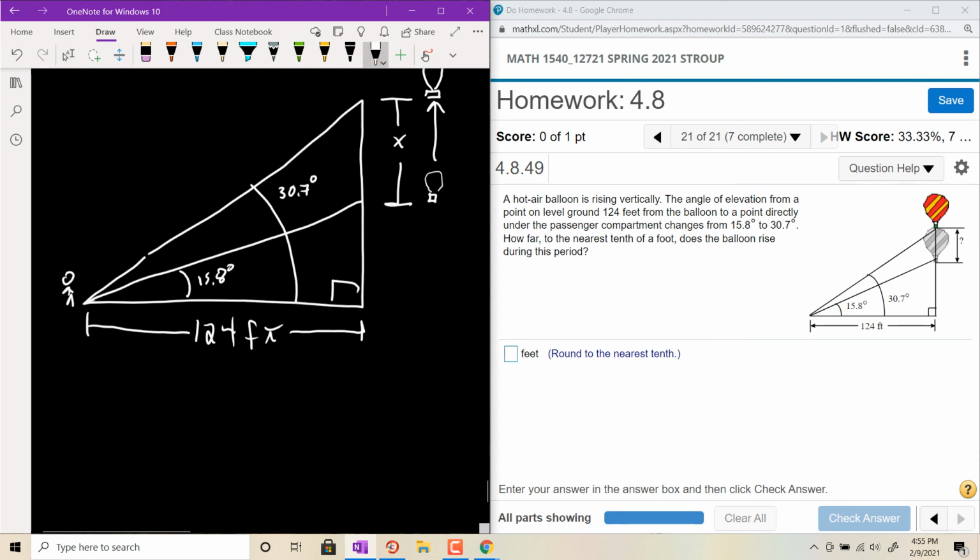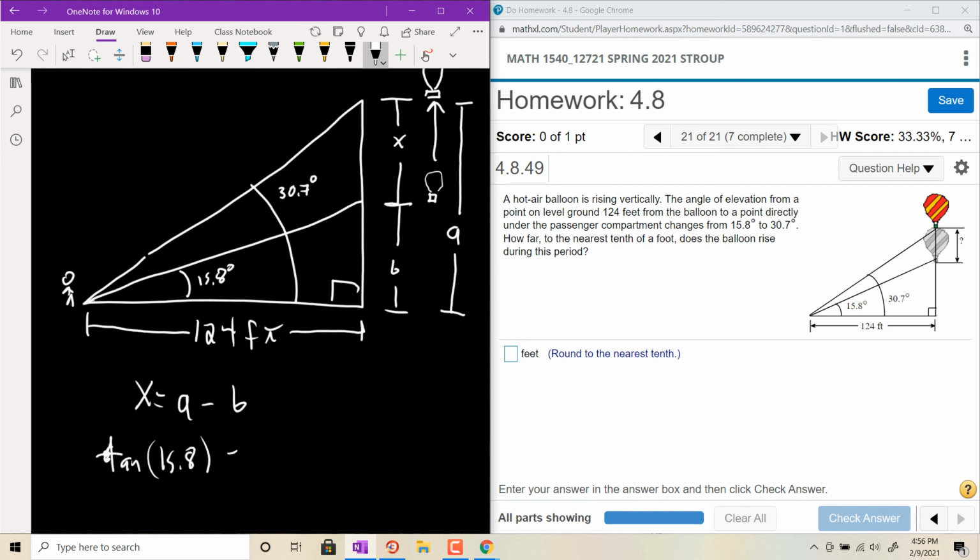So again, we can play it as two different triangles with two different opposite sides. You have this side A, and this other side B, and you define x to be A minus B. Then tan of 15.8 degrees is equal to opposite, which is B, all over adjacent, which is 124.